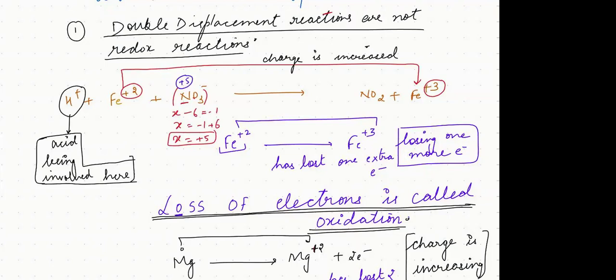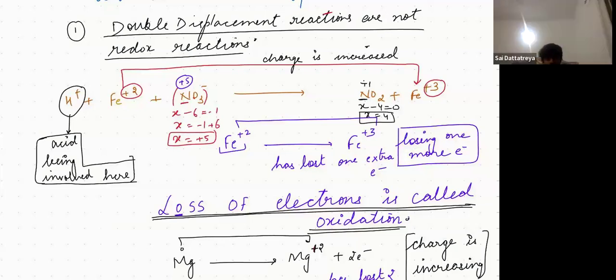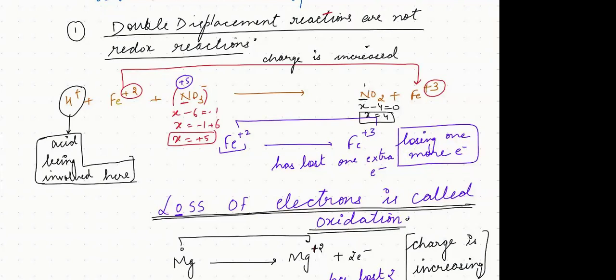Now let's calculate the charge on the product side. Let nitrogen charge be X, 1 oxygen is -2, so for 2 oxygens, -4, and the total is 0. So X is going to be +4.